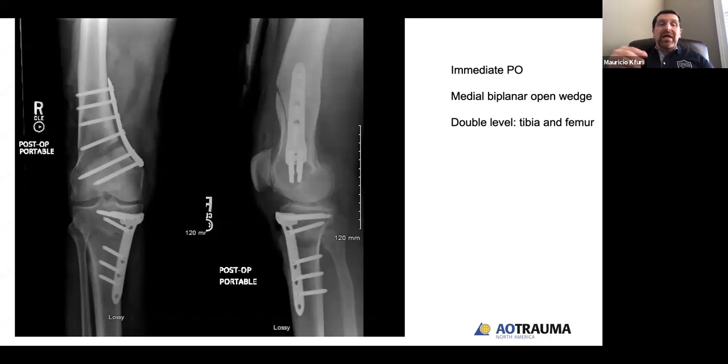So I use my guide wire as a depth gauge, so I know how deep I have to go, and then I don't have to be concerned with my saw going there. And normally if you have more than one K wire, you have to measure how deep each wire is, so you know exactly how deep you go with your saw, and most likely you're not going to have a hinge fracture. I don't recall the last time I've seen a hinge fracture, just by following those basic rules.